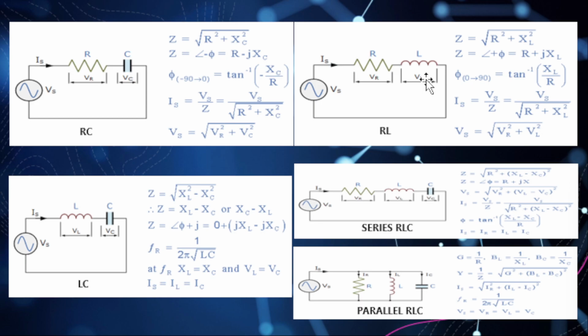It blocks RF from interfering with DC. Okay, so RL circuits are also used for low pass and high pass filters of RF.